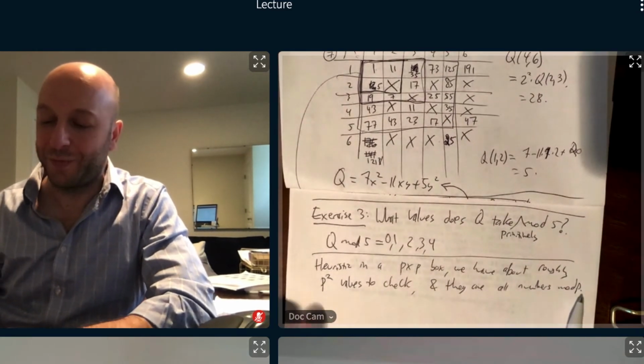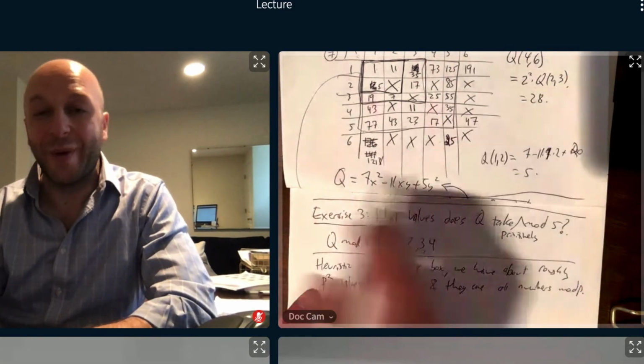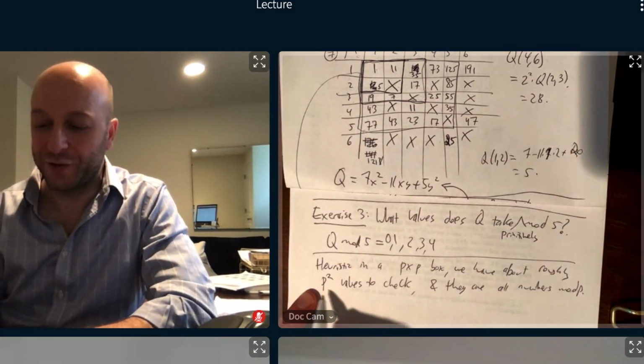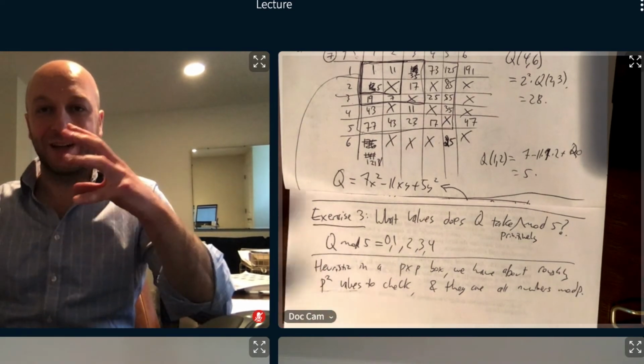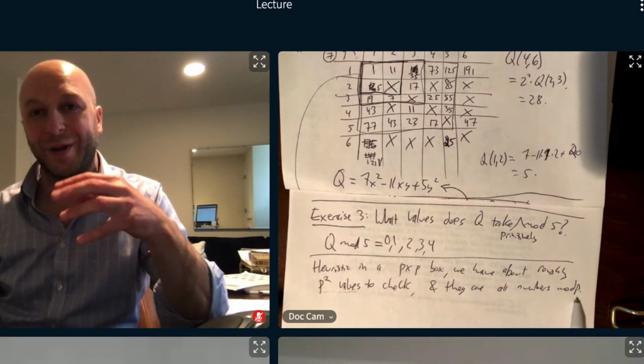So the larger P is, the greater the chance that you fill out everybody. Because you have P squared values that are all getting collapsed onto numbers from 0 to P minus 1.